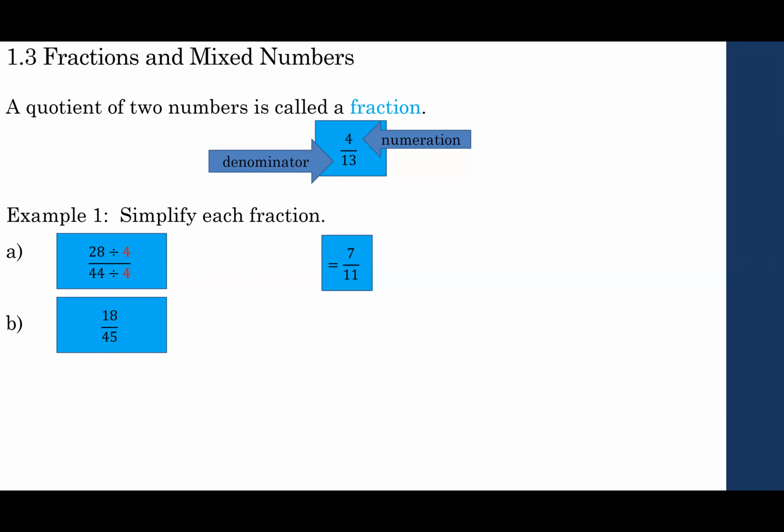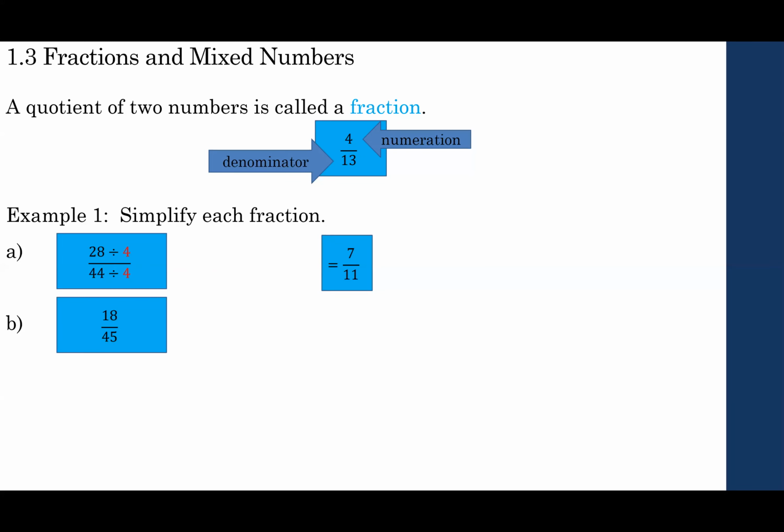Now look at this example, 18 over 45. Is this in the lowest terms, or is there a way we can reduce it further and make it smaller? Is there a common divisor for 18 and 45?